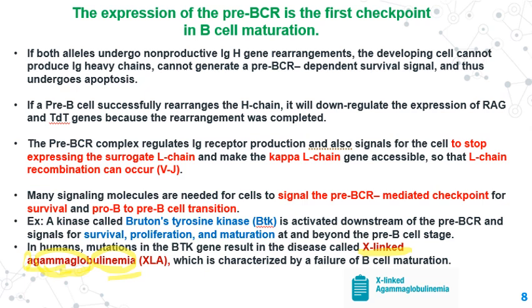So who do you expect to have more problems with this disease in the general population? Males, right? Because the males inherit only one X chromosome and the other one is the Y. So females can be heterozygous, but they'll survive if one of the genes is working. But if the guys inherit the bad X, they are in trouble. Okay, so this is the X-linked agammaglobulinemia. Failure for B cell maturation means you don't get B cells.